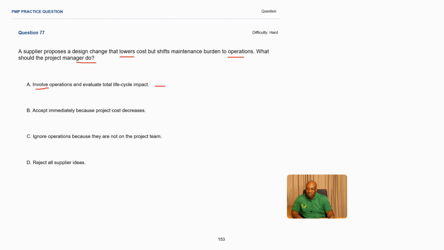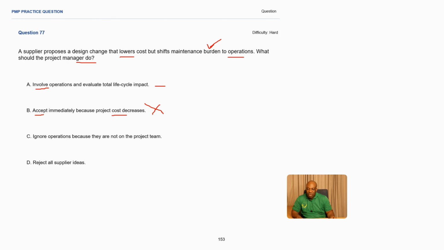Accept immediately because project cost decreases. No, you don't just accept. The project cost is going to decrease, but you're now shifting the burden to operations. How is it going to affect operations when you hand over the project to operations? Making this an incorrect answer. Ignore operations because they are not on the project team.